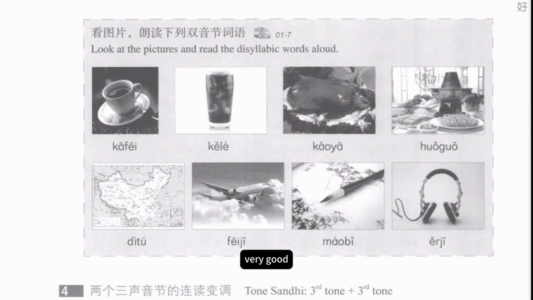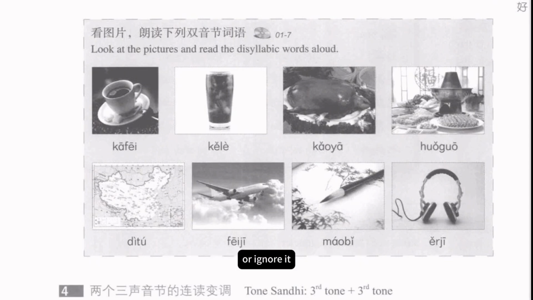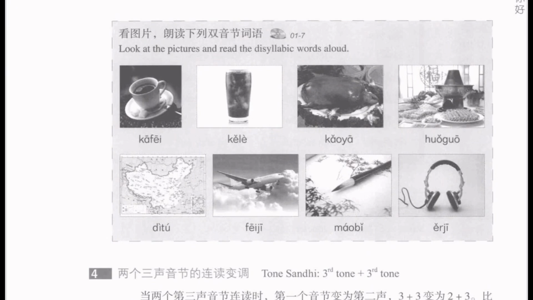Very good. Now, teacher, why don't you read it as 毛笔? Like I told you in the beginning. With third tone, the most important part is the slope. You can choose to emphasize the rising part or ignore it. It's still okay. Since it's the only tone in Chinese with a gentle slope, 毛笔, 毛笔.